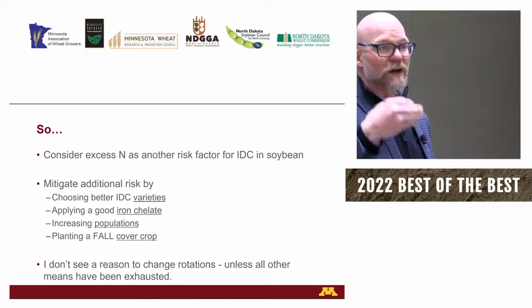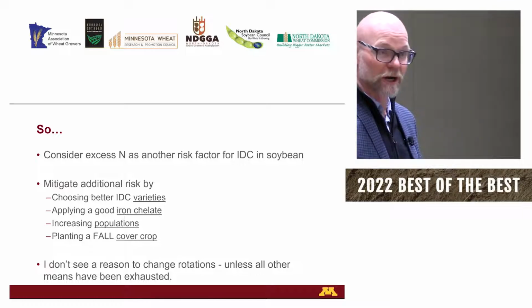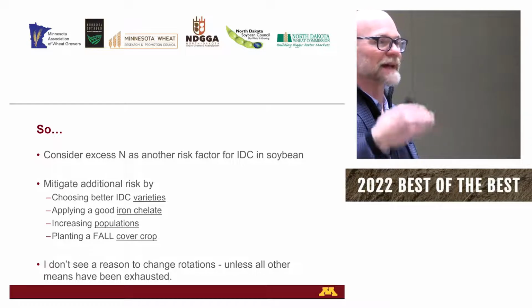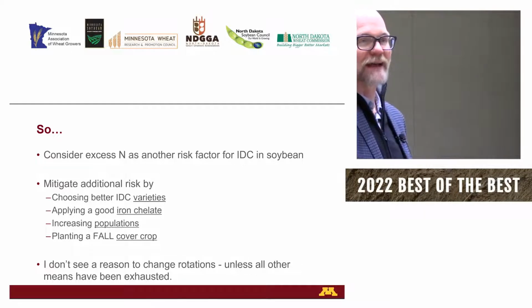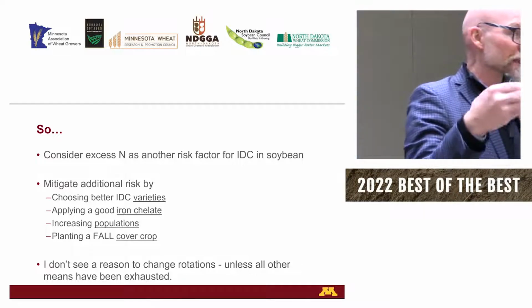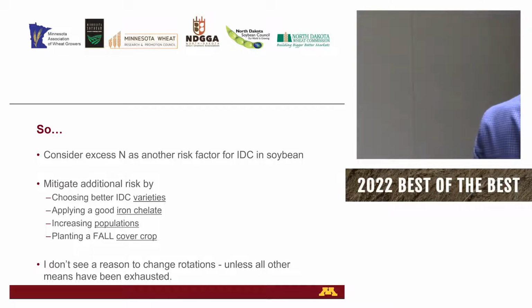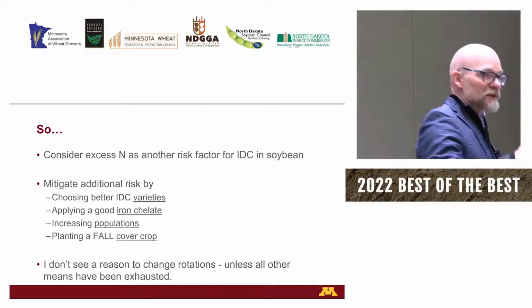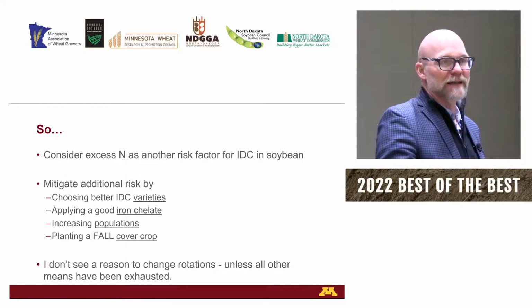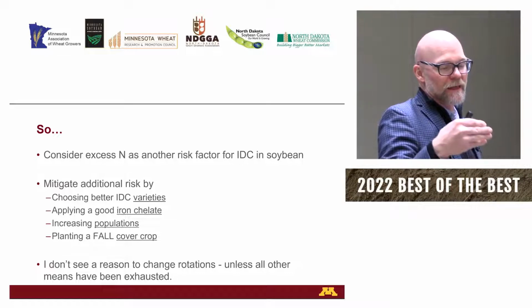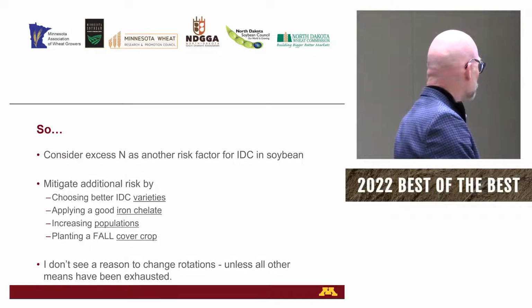I know everybody's doing a good job, but try to do better. I don't know what that means to everybody individually. It probably means not just taking the seed guy's advice and saying this brand new line is really great on IDC. Maybe use one that's actually worked for you. Maybe it's going to a higher level of IDC resistance or tolerance that may not have the same yield potential.